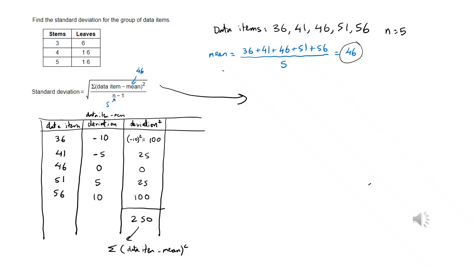So now we can write this as the square root of the numerator, which we said would be 250, divided by the denominator, which is n minus 1, so that would be 4. On the calculator, we can do 250 divided by 4, which gives us 62.5. And then we're going to take the square root of 62.5.